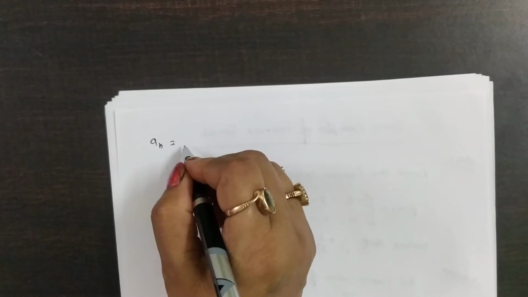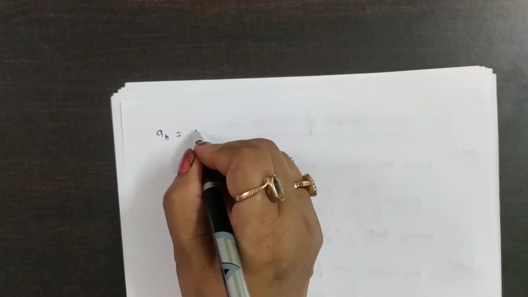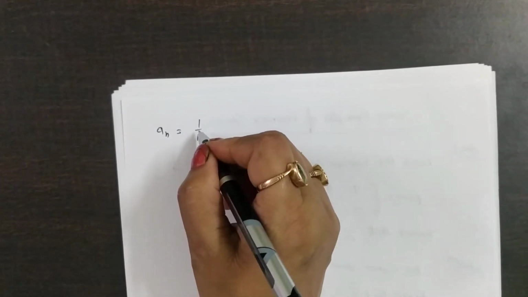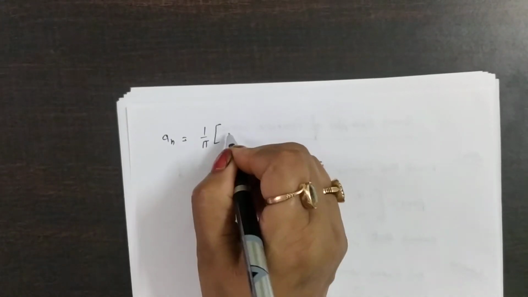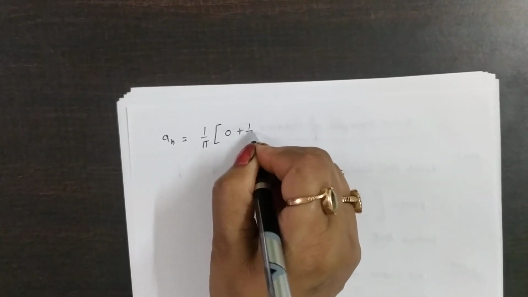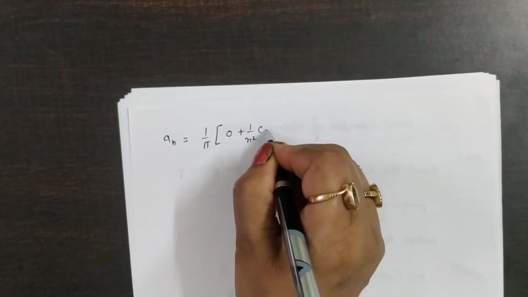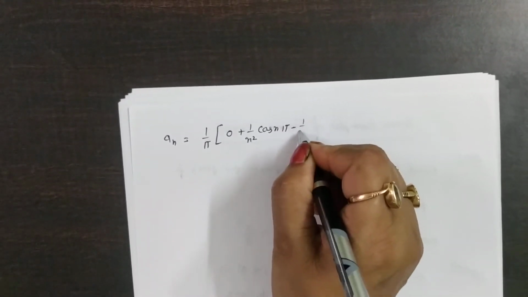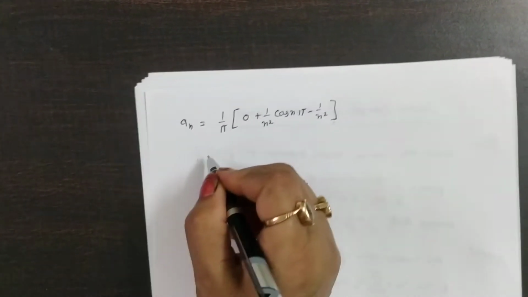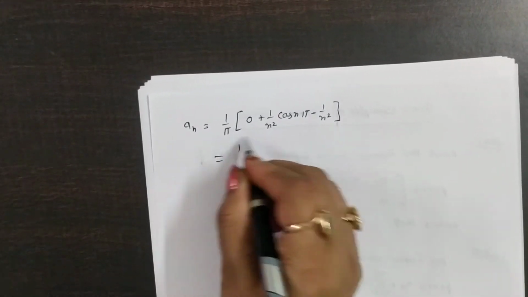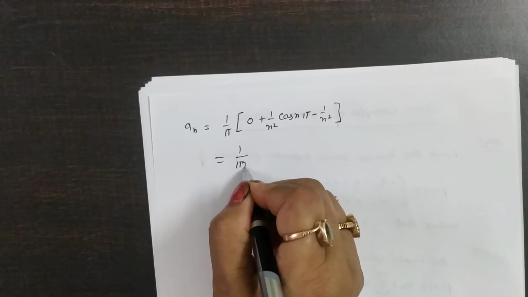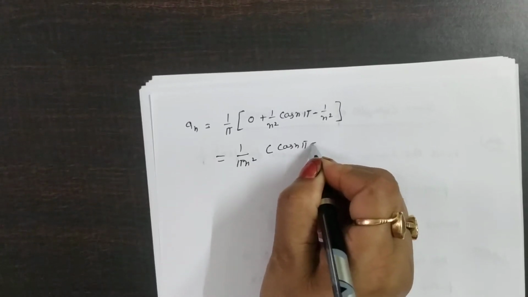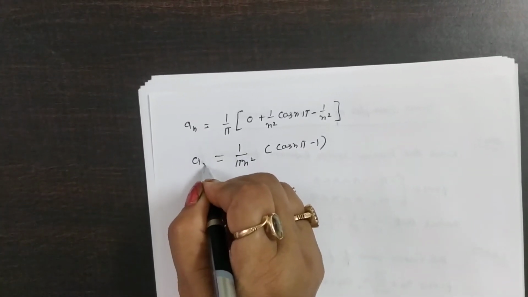So evaluating this you get 1 by pi, and taking the limit, you get 0 plus 1 by n square cos n pi, minus 1 by n square. Solving this you get 1 by pi n square, and here is cos n pi minus 1. This is the value of an.